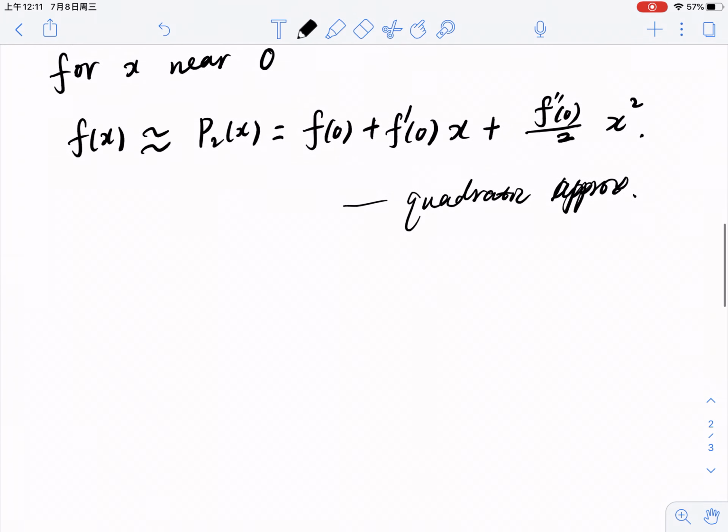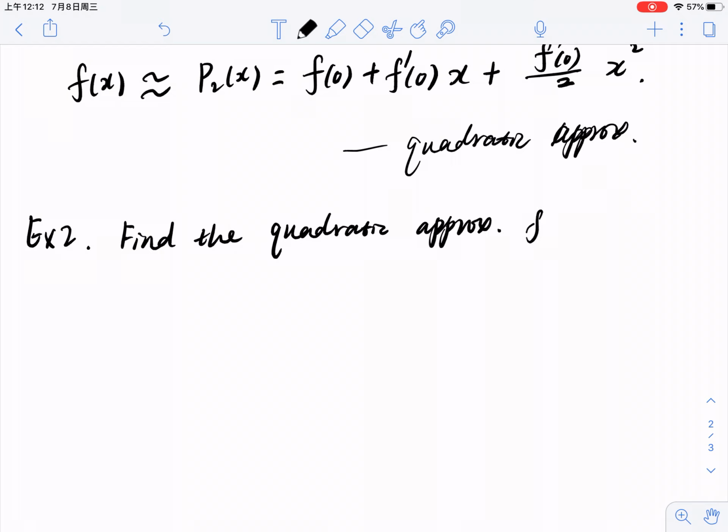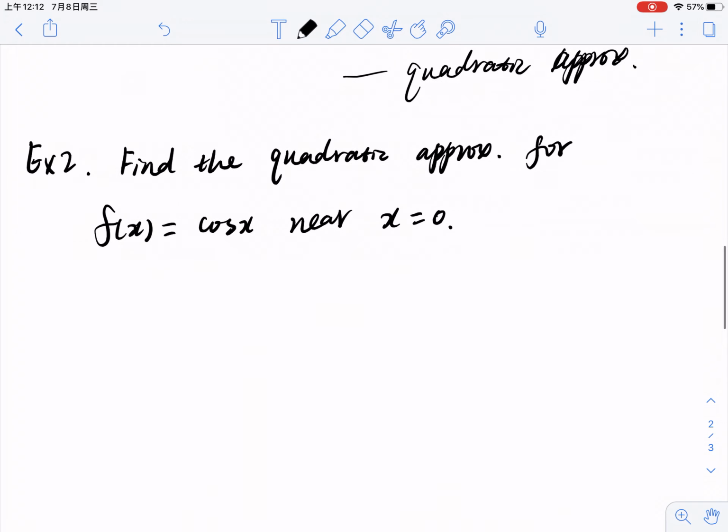So now we do an example. Find the quadratic approximation for f(x) = cosine x near x = 0.